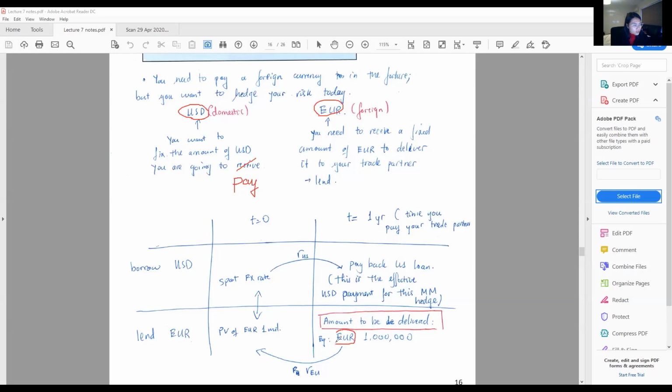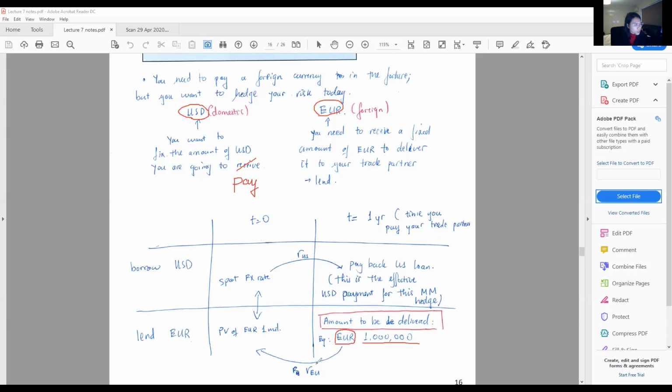So in the future, I know that in, say, next year, I need to pay €1 million to my counterparty, right? So I know for sure that in the future, I'm going to need to pay €1 million. And I know also that I can't use the forward contract to lock in this obligation. So I'm going to have to go through the money market, okay?